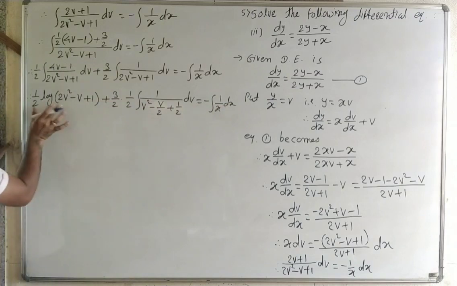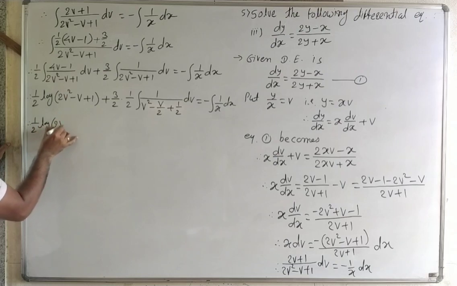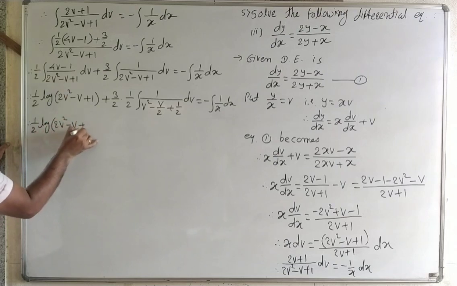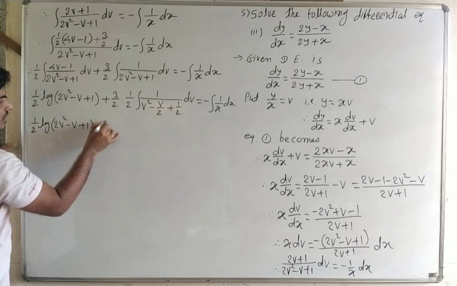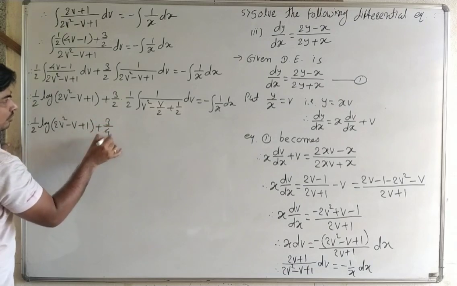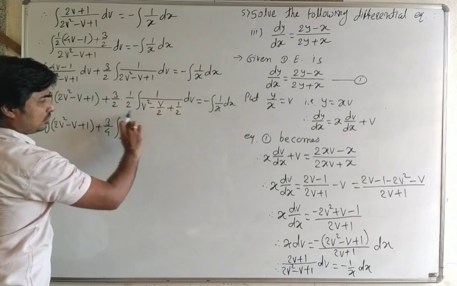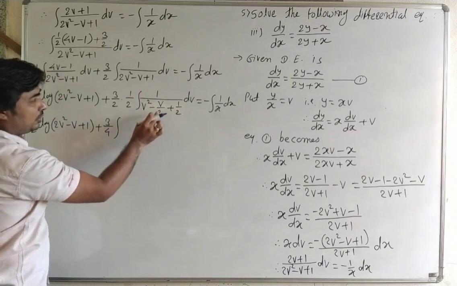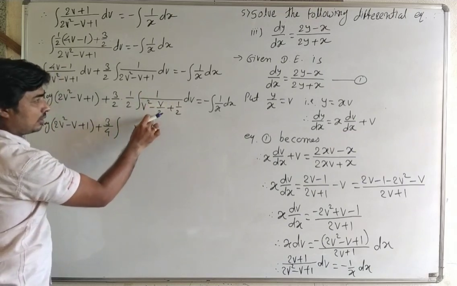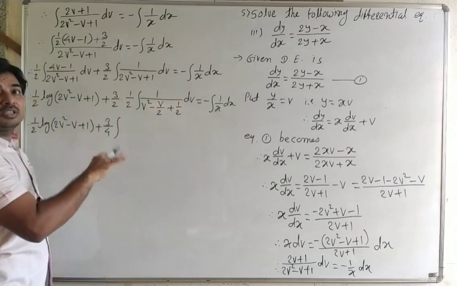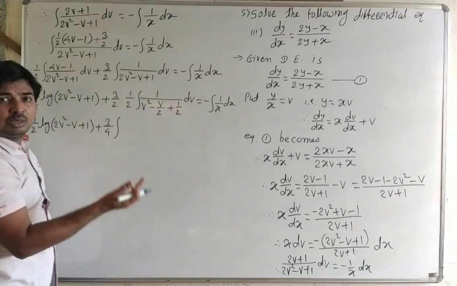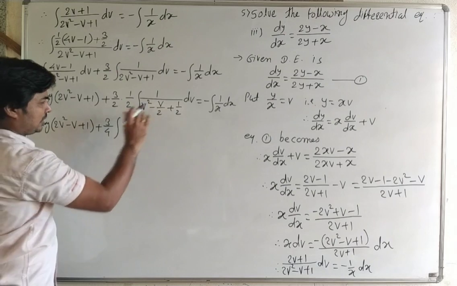Now this integral we can do. So this is as it is, 1 by 2 log of 2v square minus v plus 1 plus 3 by 4 into the integral of 1 upon a quadratic function by the completing square method. To complete the square, the coefficient of phi is 1 by 2, half of 1 by 2 is 1 by 4, and the square of 1 by 4 is 1 by 16.